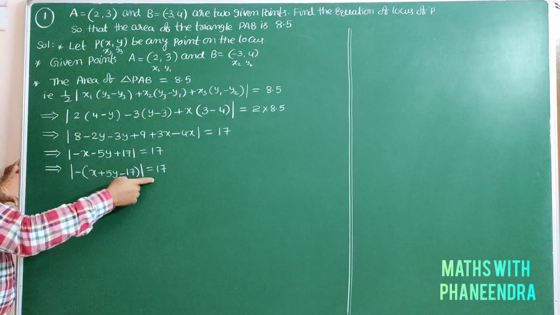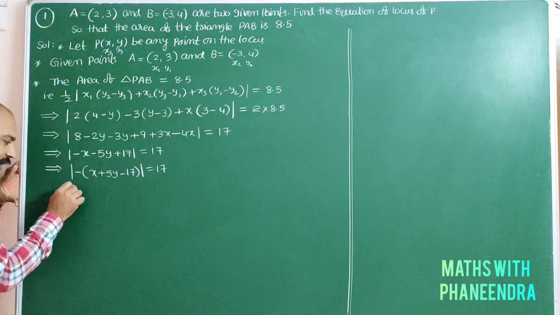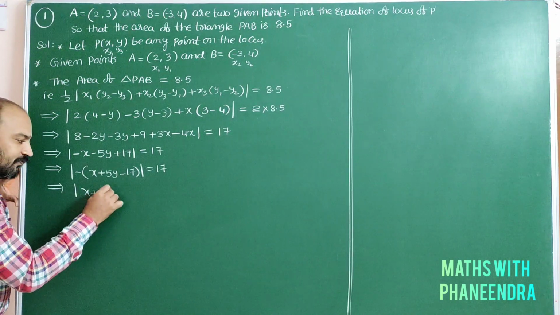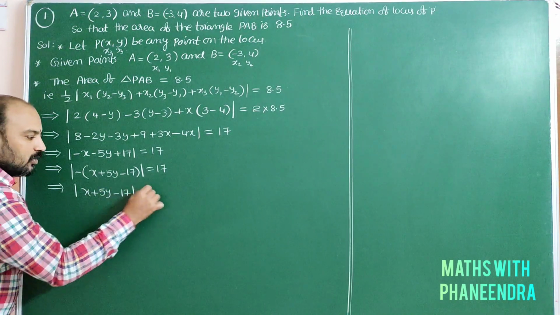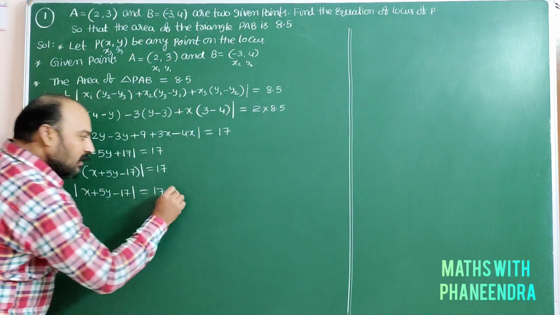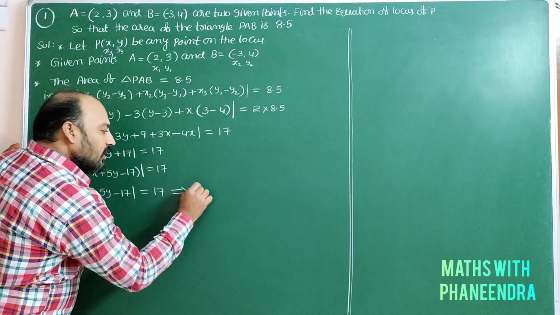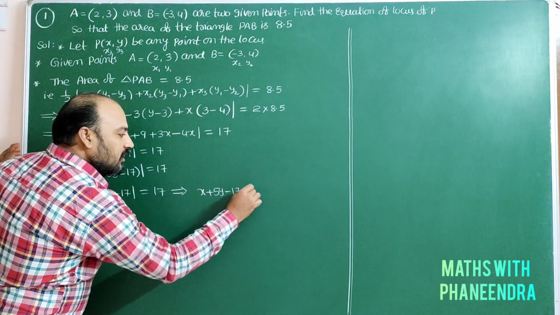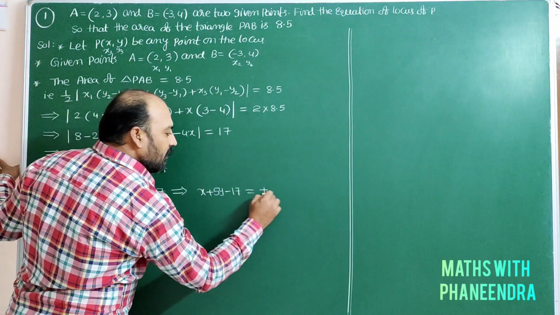If you take the mod, minus is going to be eliminated, so it becomes mod of x plus 5y minus 17 equal to 17. If you remove this modulus, this becomes x plus 5y minus 17 is equal to plus or minus 17.